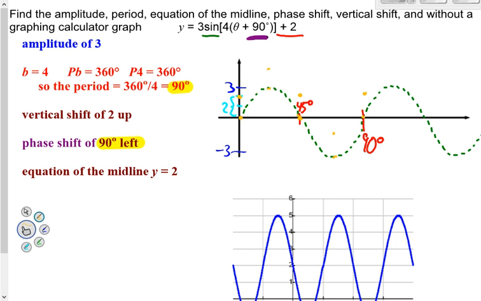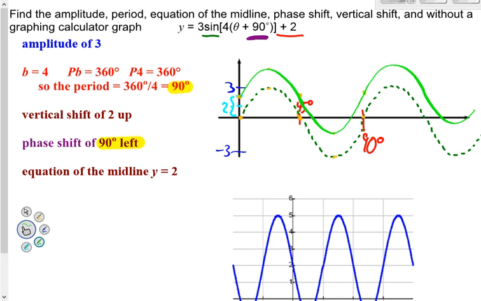So I'll move each one of those key points up 2 units. Now I just have to draw in my new graph going through those key points. And then it would really continue on past that, and so on.